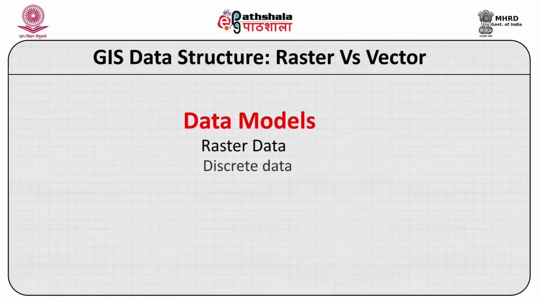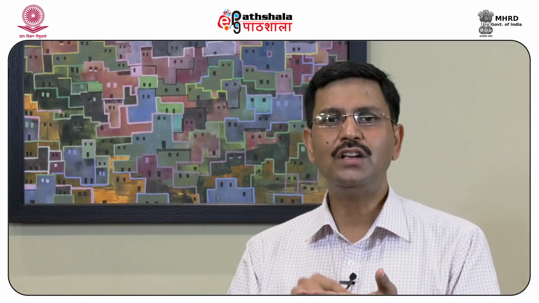Raster data are of two types. One is called discrete data and the second is called continuous data. Discrete data is data in the form of pixels, square in shape. Each pixel has its unique value. For example, one pixel may have a value of 120, the next pixel adjacent to it on the right side may have 130, and on the left side it may have 110.